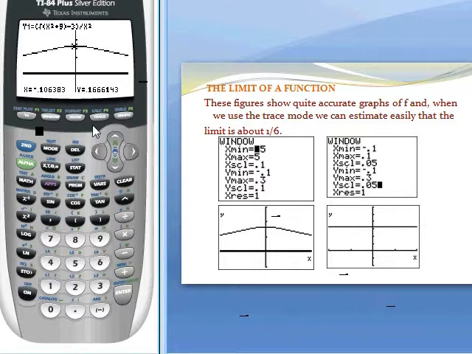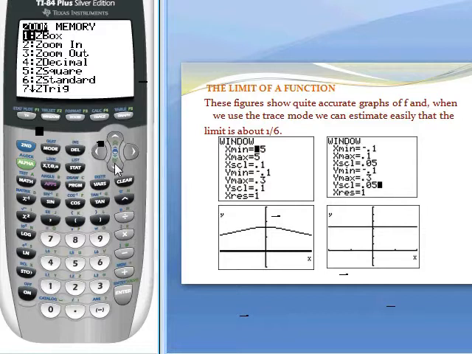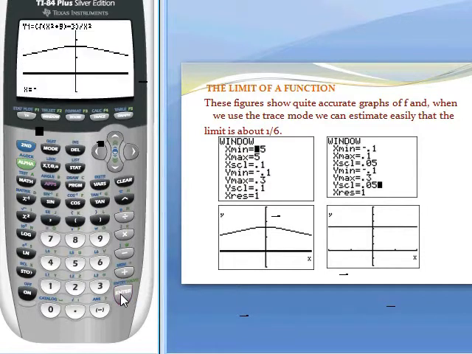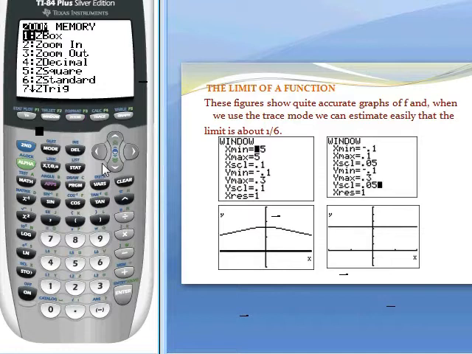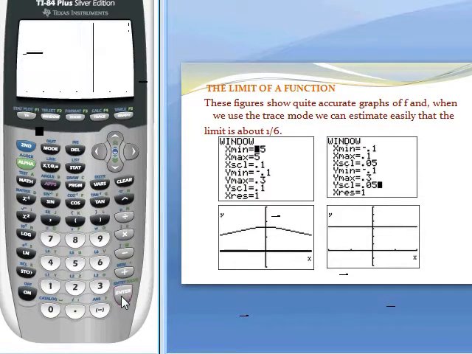Here's another limitation. So I'm going to zoom in a little bit. I lost some of the curvature. I'll just zoom in once more. All right. So I'm losing my curvature more and more.